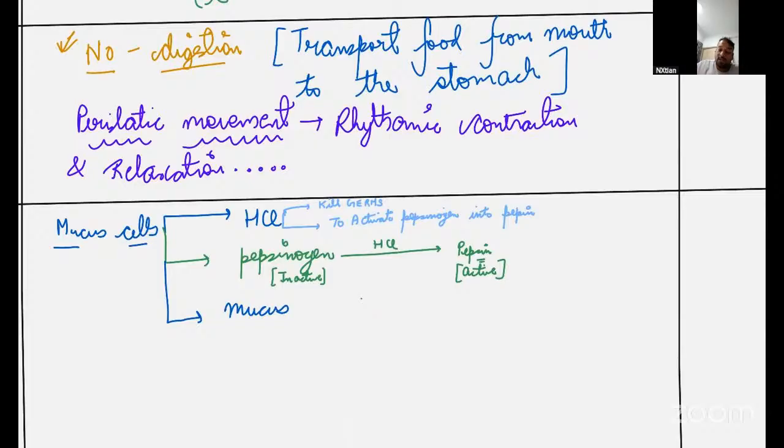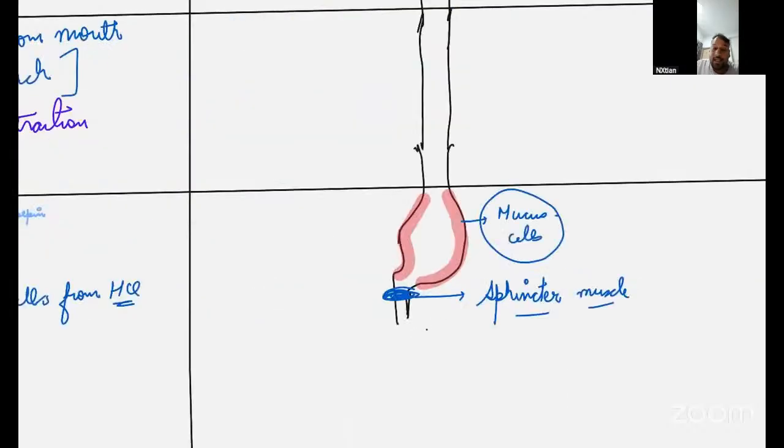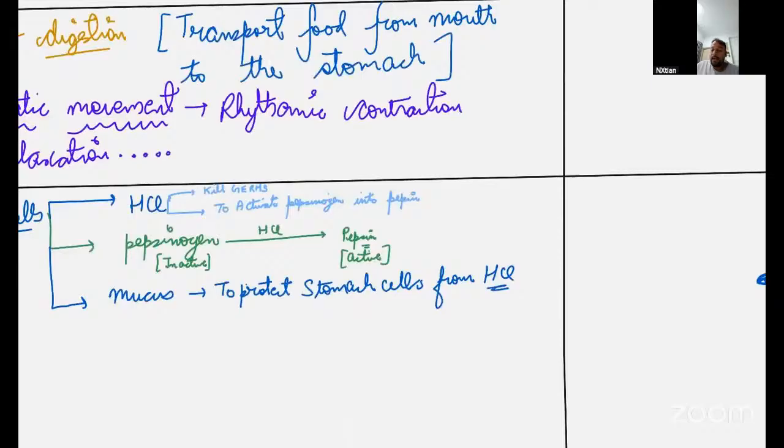So the role of mucus is to protect stomach cells from HCl. So these are mucus cells which have mucus. They protect it from this HCl.